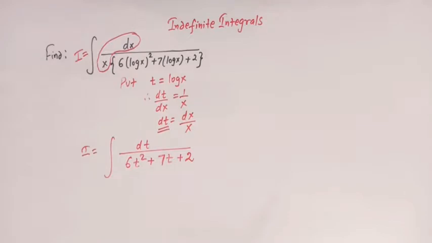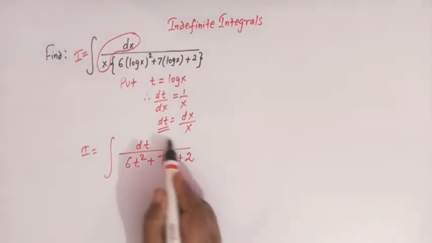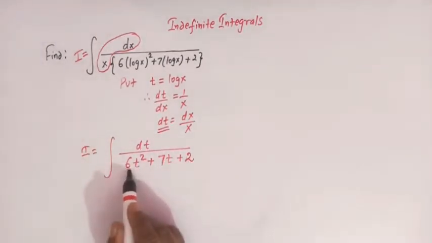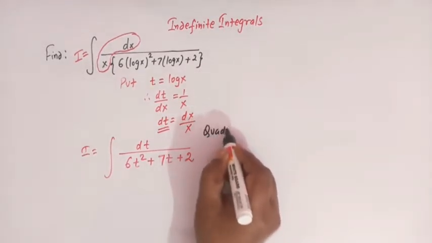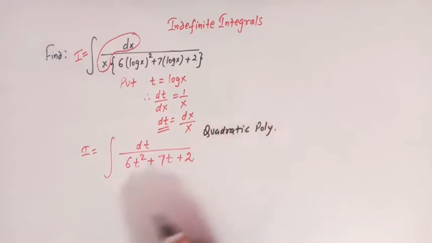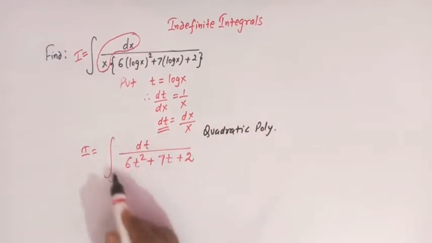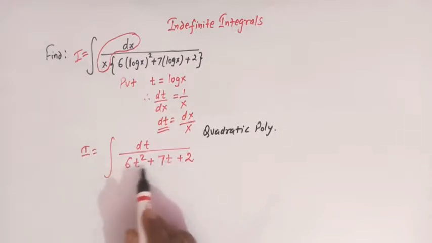Now we see that the given indefinite integral is reduced to this form, and this denominator is a quadratic polynomial. In such situations, we have to make a perfect square.